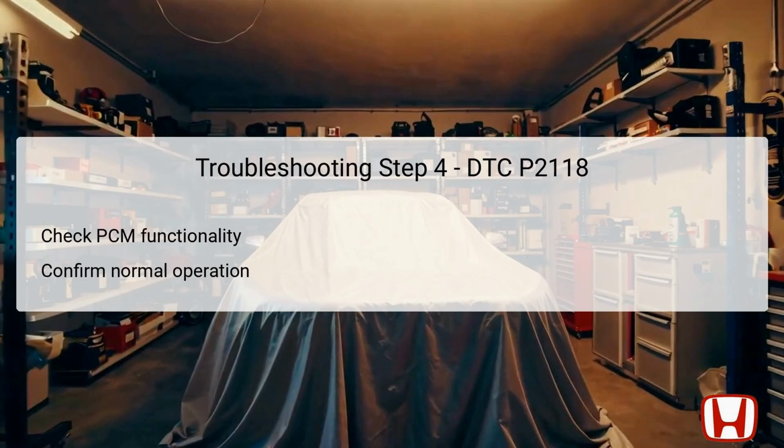Utilizing diagnostic tools, perform checks to ensure the PCM is functioning correctly, and review its error logs for any anomalies. If faults are found within the PCM, replacement may be necessary to restore full engine function and eliminate code P2118.